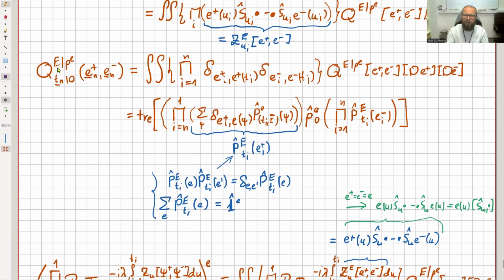And this bi-probability is defined only by the dynamics inside the environment. It is completely independent of the system that the surrogate field is supposed to couple to.